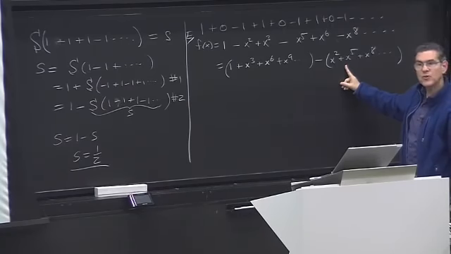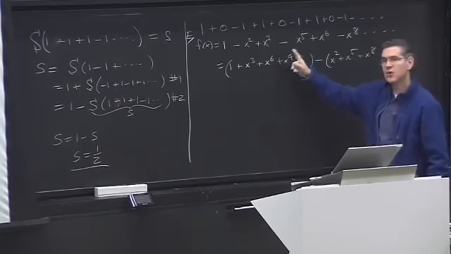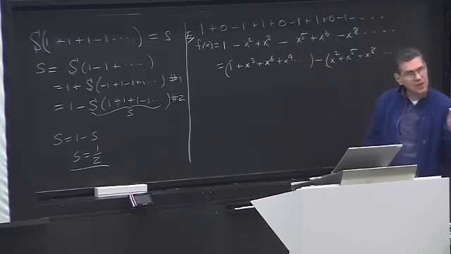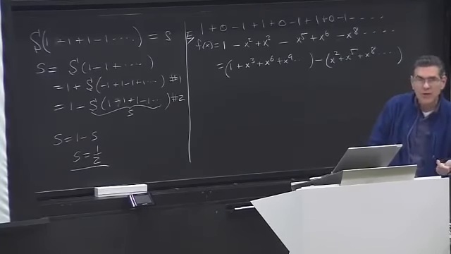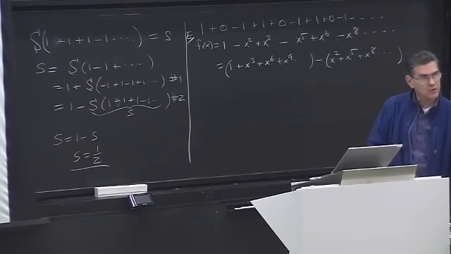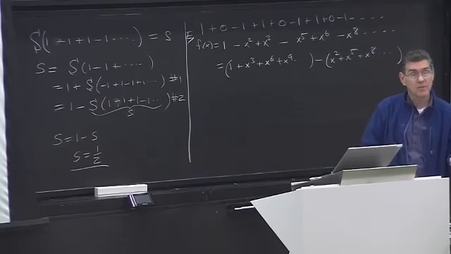I interchanged the order of summation. But that is perfectly valid. Why is that? Because these are Taylor series. And inside the radius of convergence, a Taylor series is absolutely and uniformly convergent. And therefore, the order of summation doesn't matter. That's one of the rare cases where the order of summation doesn't matter.